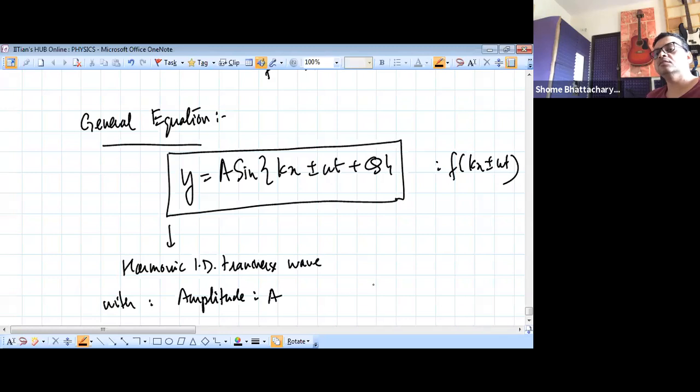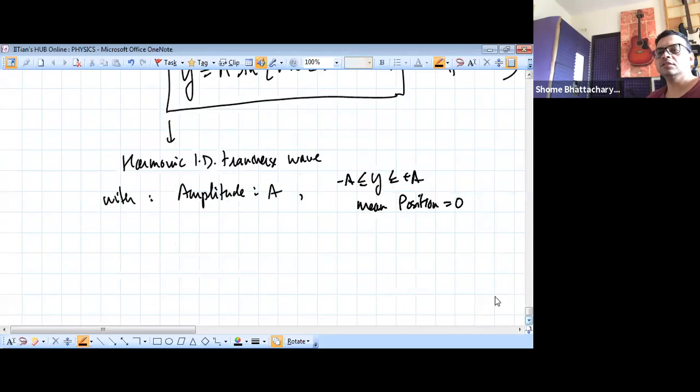So amplitude is A, because you can see that y is oscillating between plus A and minus A, with the mean position being 0 for any point. So unlike that sine square function we had seen, the mean is 0, not A by 2. So that's why the amplitude is A.